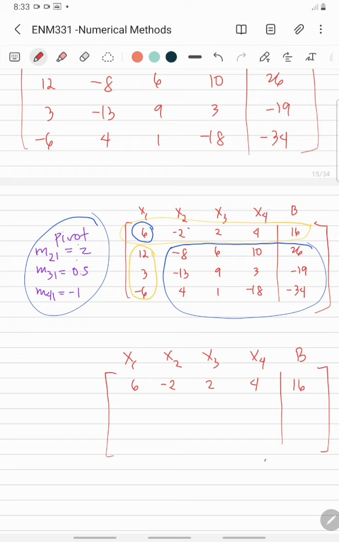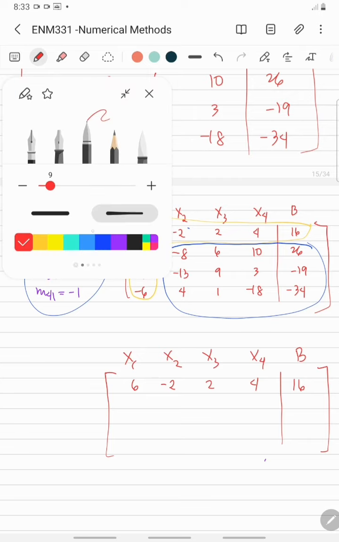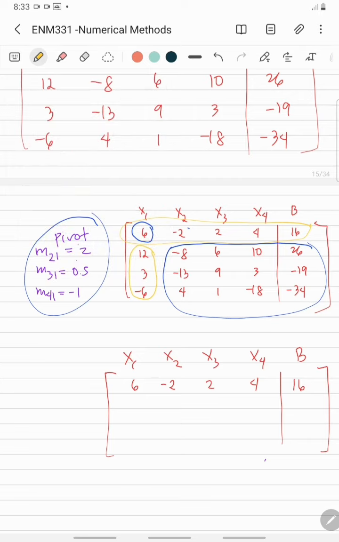Okay, so for the second row, for the first element, which is 12, we have 12 minus 2 times 6, that is equal to 0. Then we have negative 8 minus 2 times negative 2, so we have negative 4.